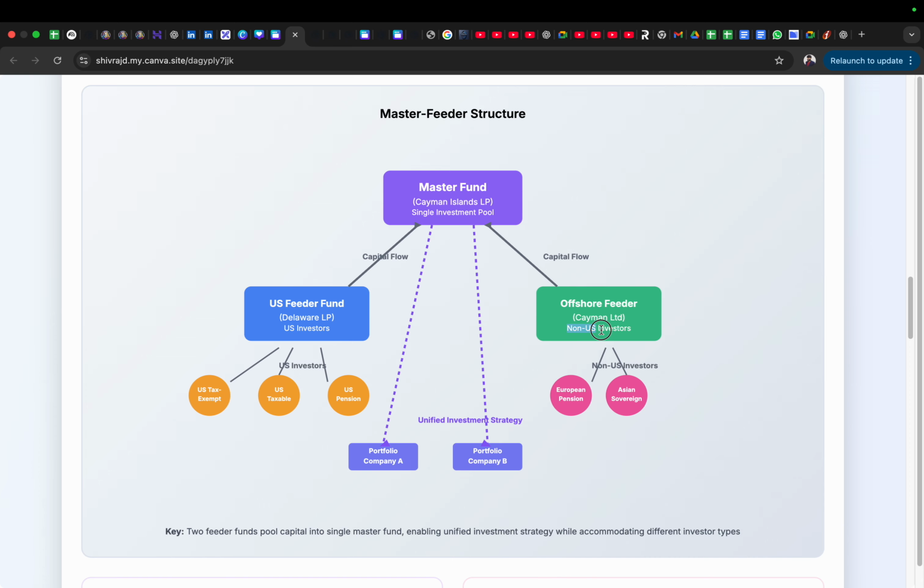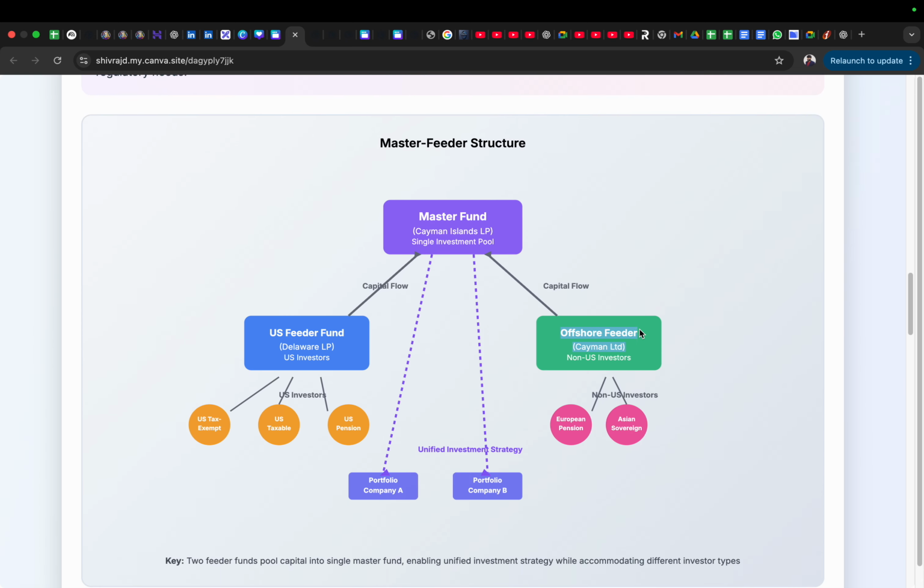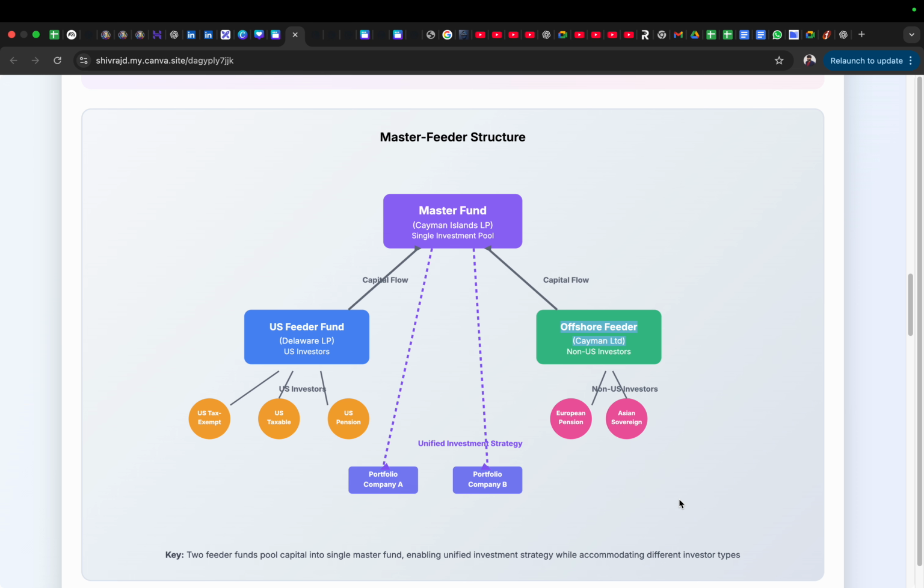For non-US investors, we'll call it an offshore feeder. And if the same master has a feeder in the US for US investors, that would be the US feeder fund.